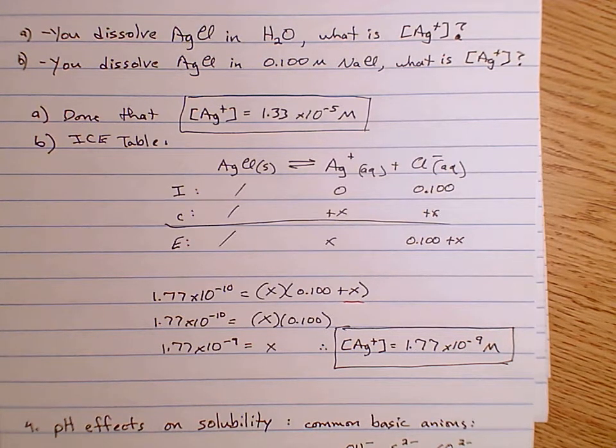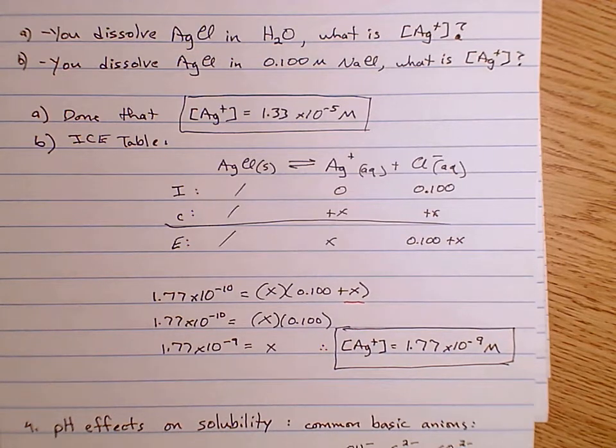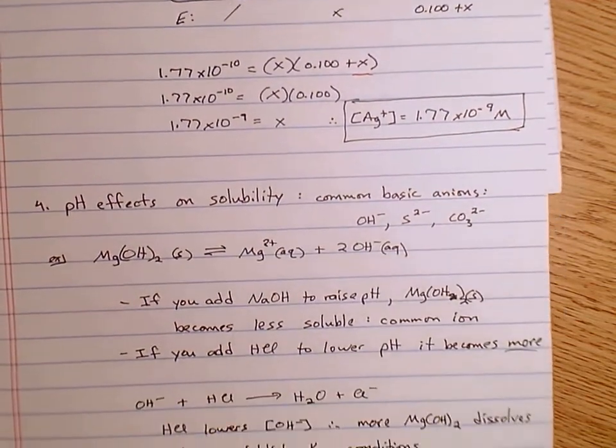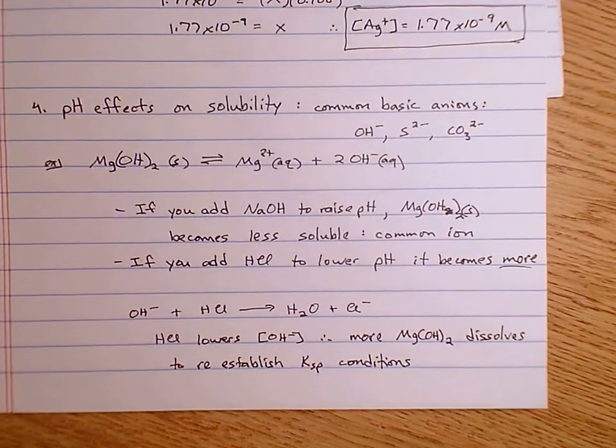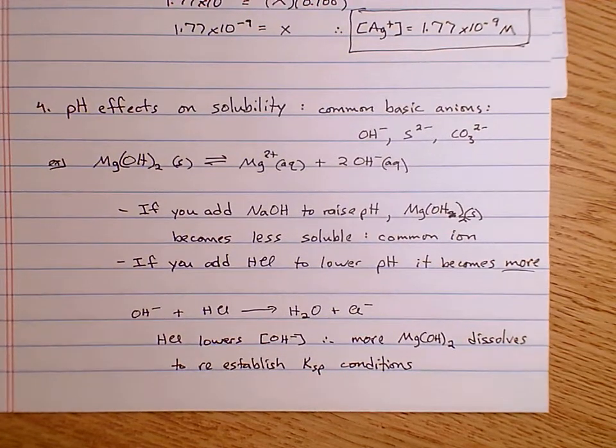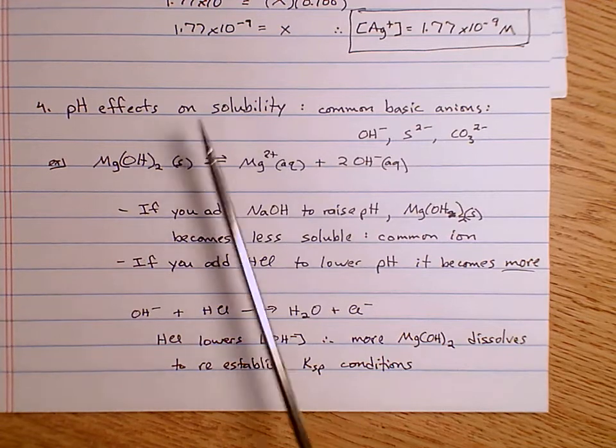All right. And related to the common ion effect is how pH affects solubility. Remember, pH is the concentration of H plus, which is related to the concentration of OH minus through Kw. Meaning, if any of our solids that will dissociate have OH minus possible or H plus possible, then pH is going to affect that.